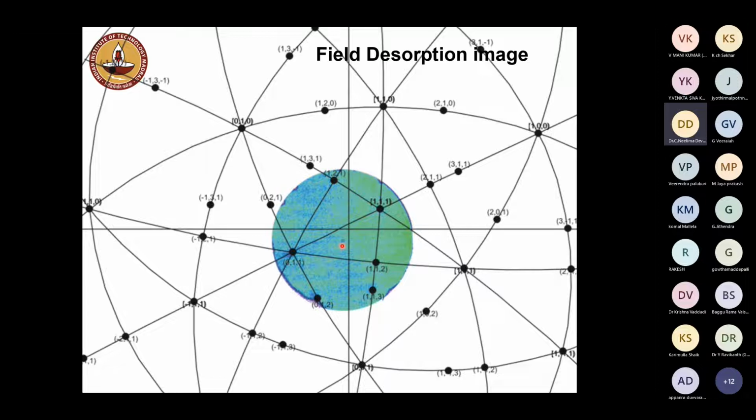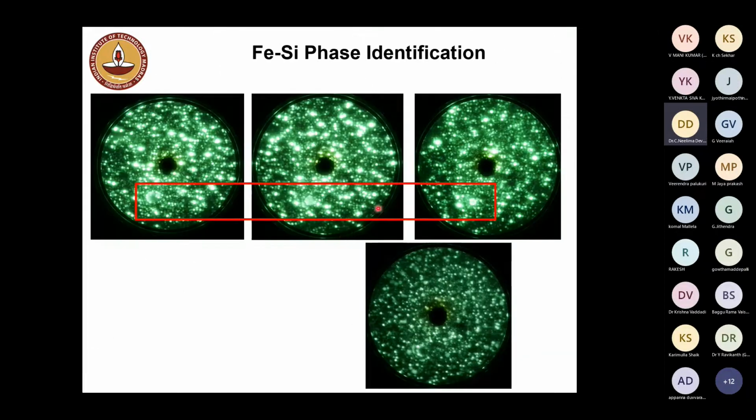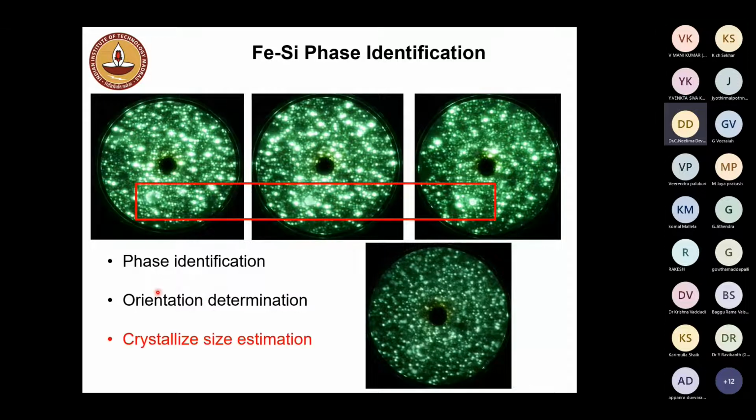And the same field ion microscope can be extended to measure what is called the grain size of these nanocrystals by looking into the number of rings that are disappearing over a period of time and measuring the nanocrystal size also. So this method enables you to identify the phases present, the orientation determined using the stereographic projection overlay, and the crystallite size can also be determined. That means three-dimensionally you can visualize and get the crystallography.